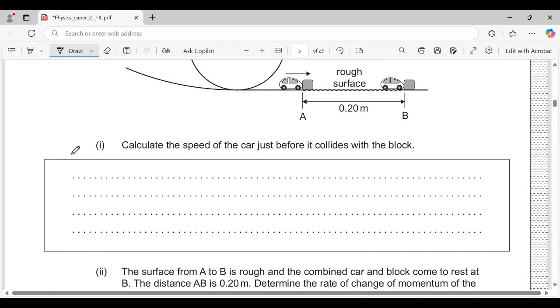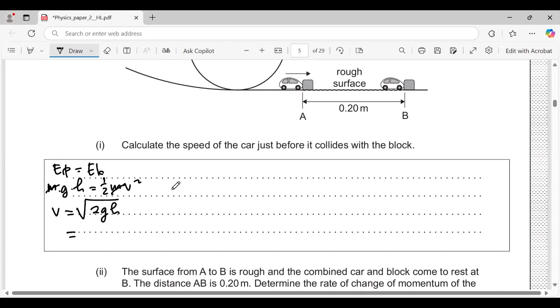According to the diagram, we can apply potential energy equals kinetic energy, so m times g times h equals 1/2 m v squared. So v equals square root of 2gh.